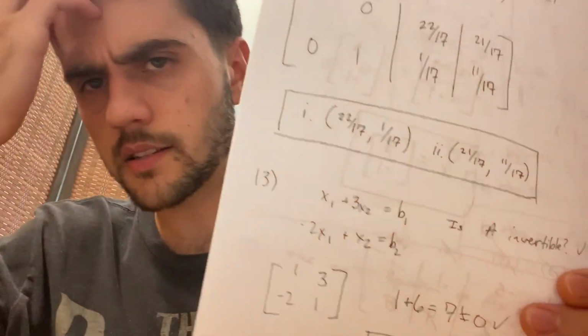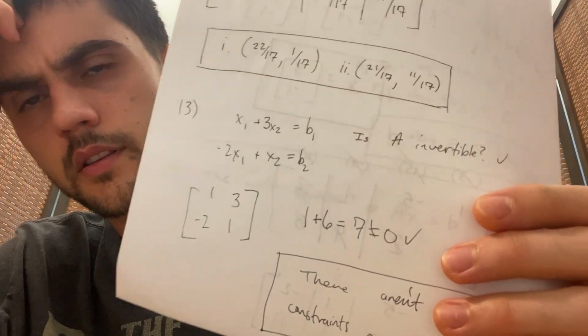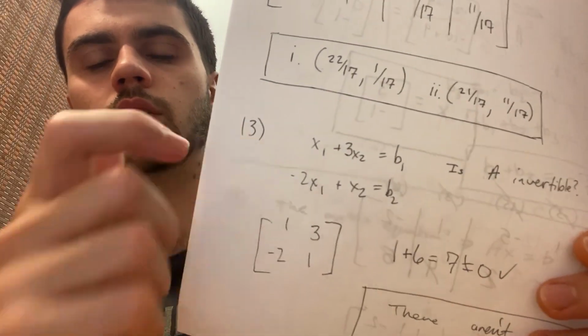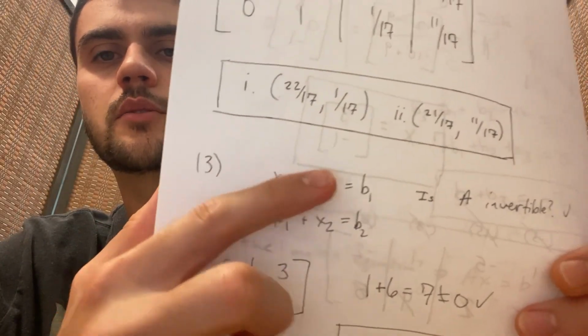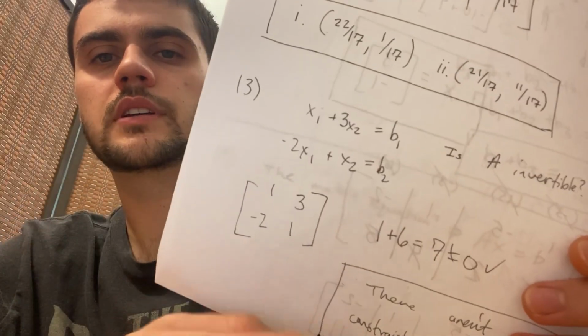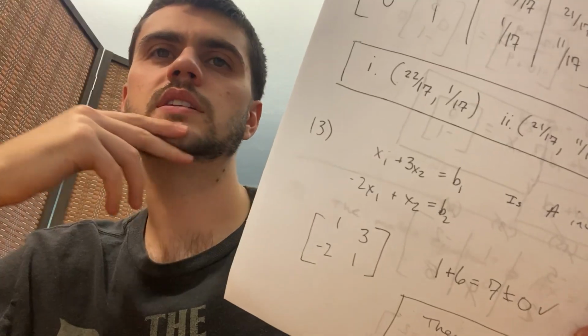All right, so 13 was asking to basically find any constraints on the B's in order that these AX equals B systems are consistent, I believe.